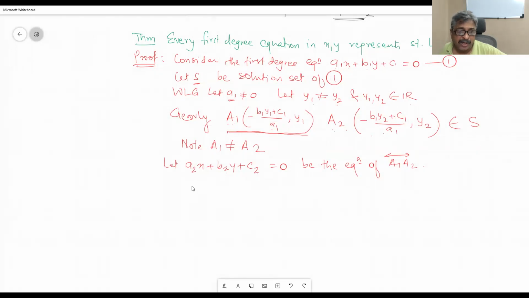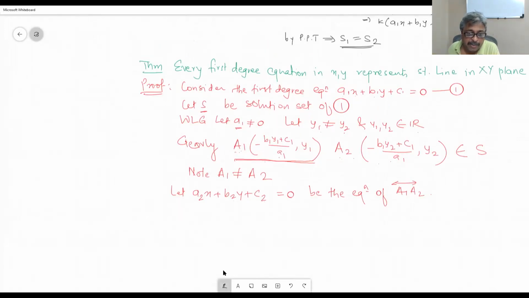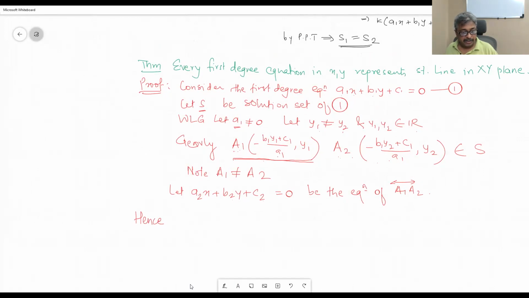Okay, and therefore by the previously proved theorem, if there are two linear equations like this, then S1 is equal to S2. Hence, by the previously proved theorem, or maybe let me write down a couple of sentences in between so that it becomes more clear.